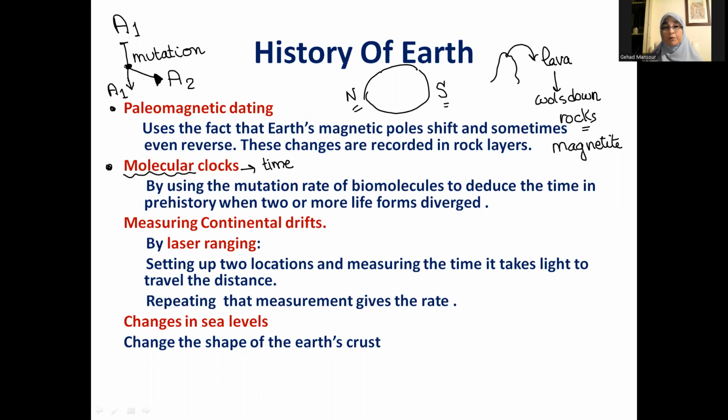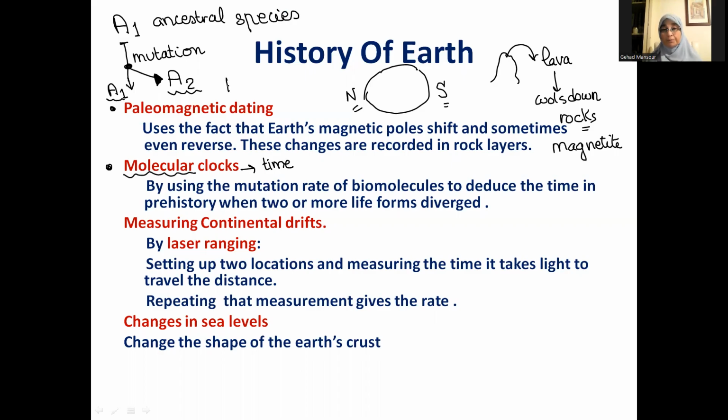So every time a mutation occurs along development, there will be a new species that will diverge from the original species. And by knowing the rate at which a specific type of biological molecule undergoes mutation, and by counting the number of new species that have developed from the original ancestral species, we can approximately determine the age.